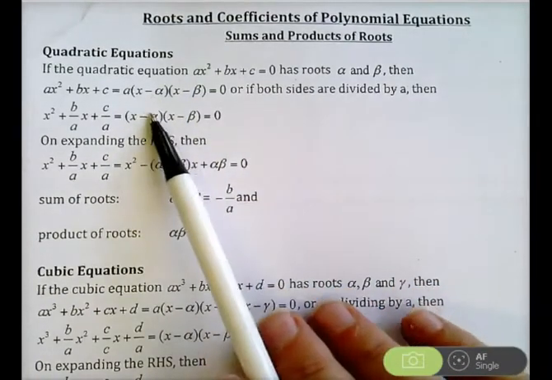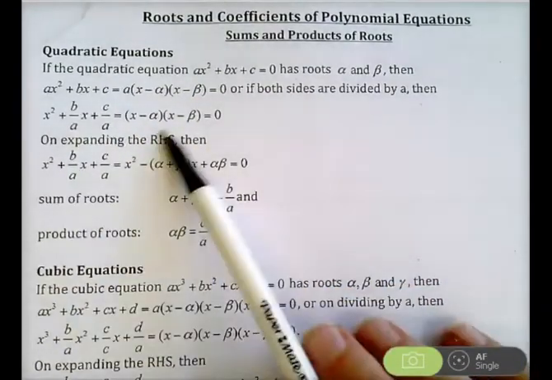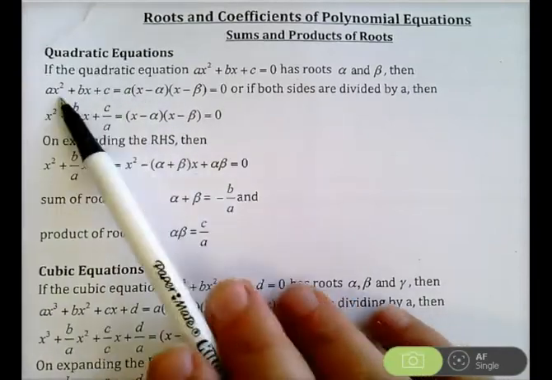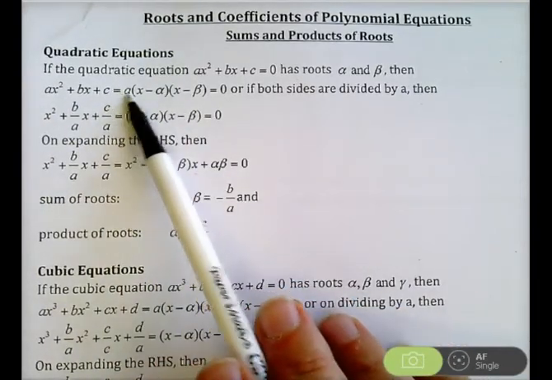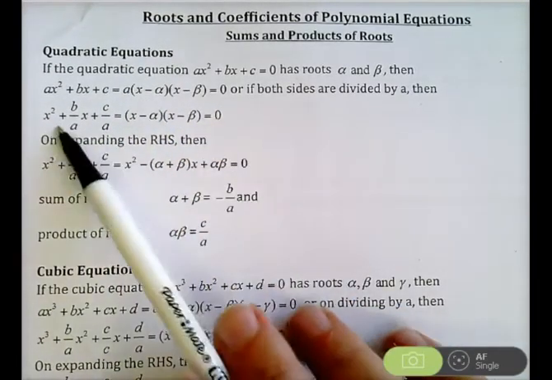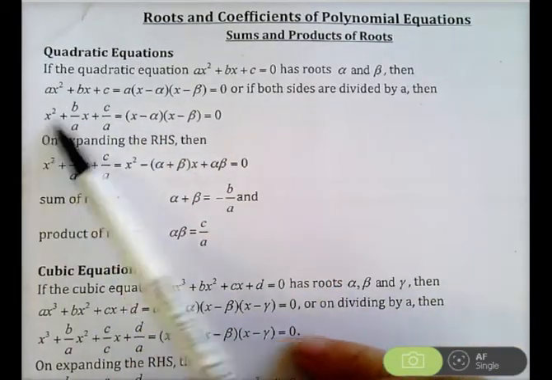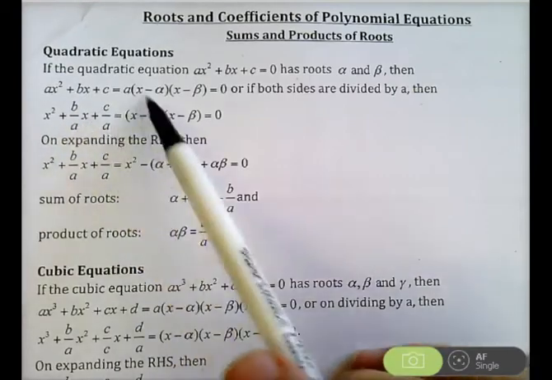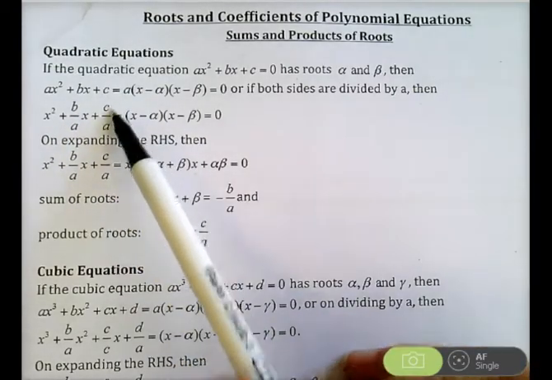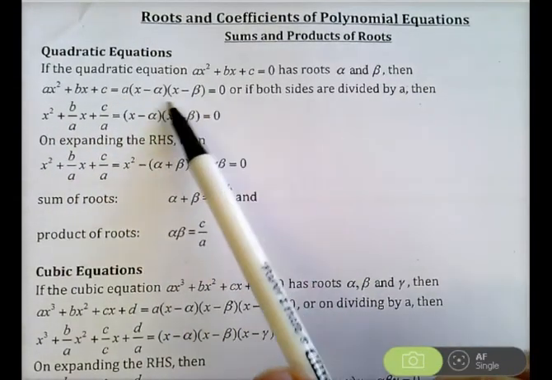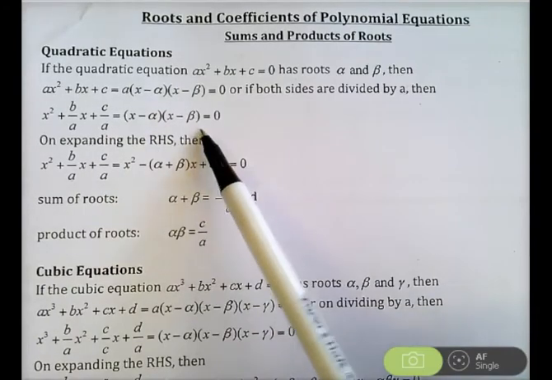Now, see how there's a bracket x minus alpha, x minus beta. If we now divide everything through by a, we get ax squared on a is x squared, bx on a is b on a x, c on a is c on a, and we divide this by a, we lose the a from the front.